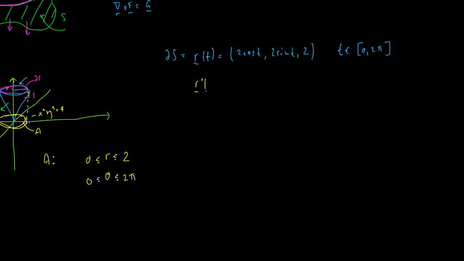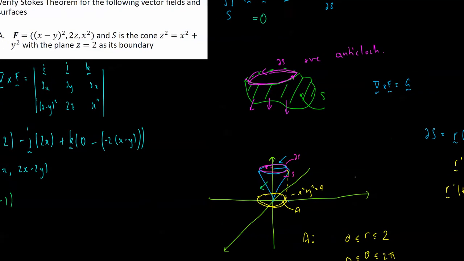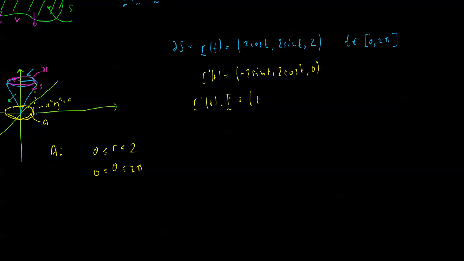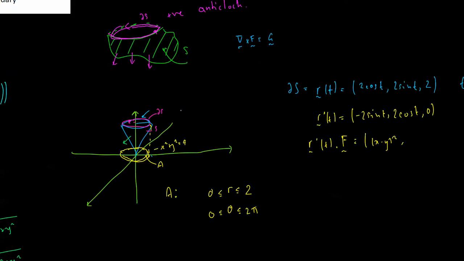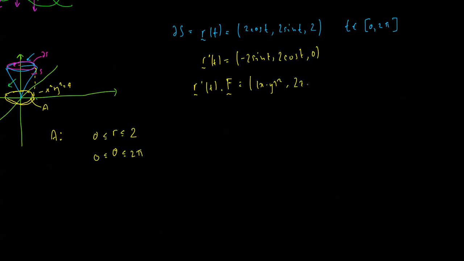I need to find r dash of t, dr dt, which is equal to negative 2 sin t, 2 cos t, 0. And I need to find r dash of t dotted with F, or F dotted with r dash of t, where F is (x minus y) all squared, 2z, x squared, dotted with r dash of t: negative 2 sin t, 2 cos t, 0.